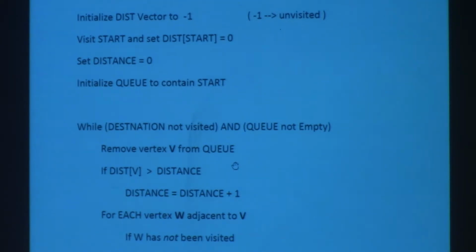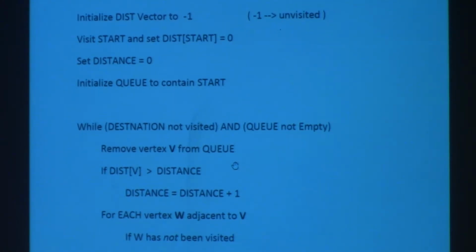Since we're currently at V, and we have just visited W, and W is a neighbor of V, then whatever distance is to the current V, add 1 to it because you're going 1 more. So when I visit B from A, it's going to get a 1 in its distance. I will visit B, and I will set its distance to 1.